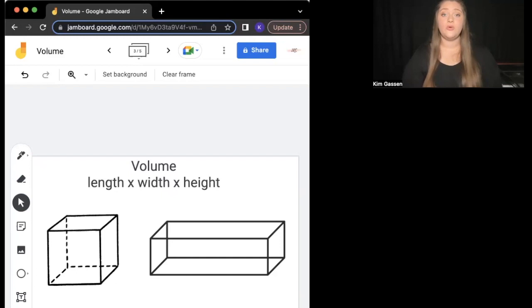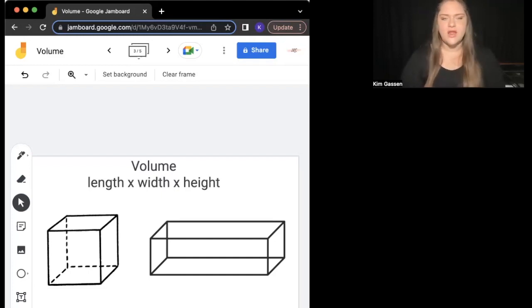For now, we're only going to practice with boxy shapes, okay? All kinds of shapes have volume, like circles and cylinders, but we're just going to focus right now on cubes, which are like squares, and what's called a cuboid, which is like a cube but a rectangle instead of a square.